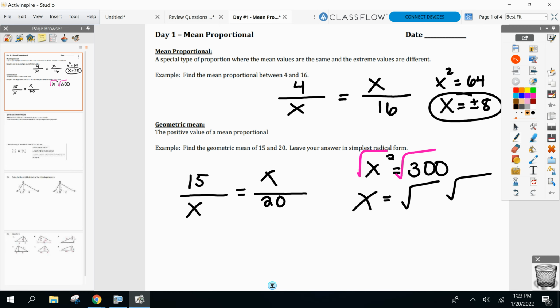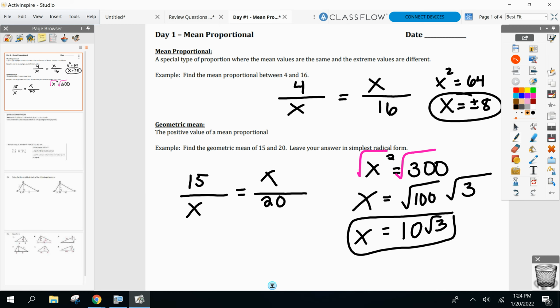Biggest perfect square? 100 times 3. So in simplest radical form, my answer will be usually plus or minus, but I want the geometric mean, the positive version. So yes, 10 radical 3, positive 10 radical 3.